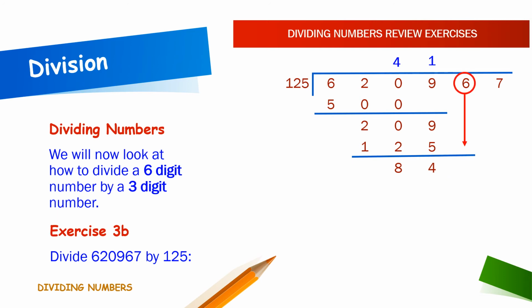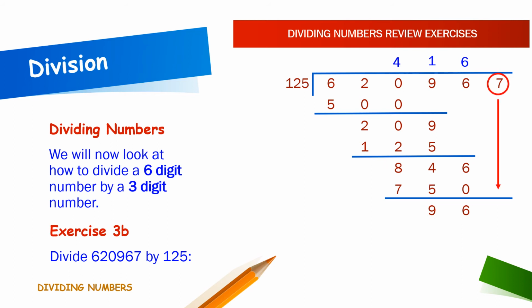Bring the 6 down. 846 divided by 125 gives 6. There are 6 125s in 846. Multiply 6 by 125 to give 750. Subtract to give 96.